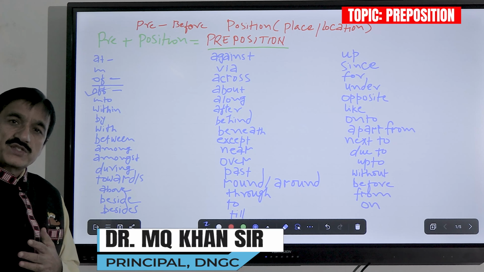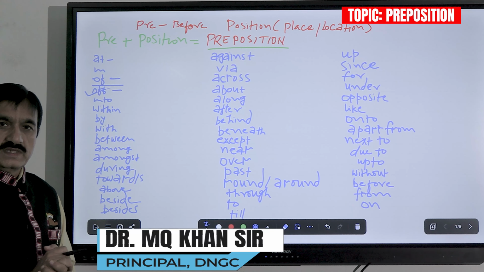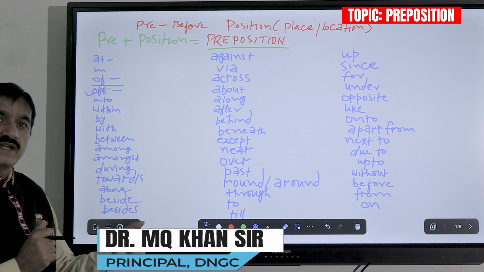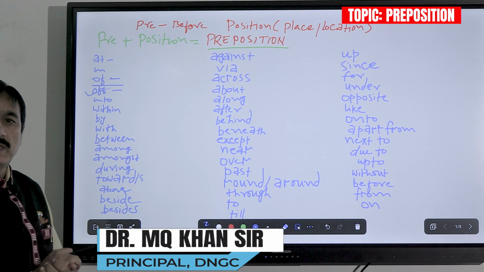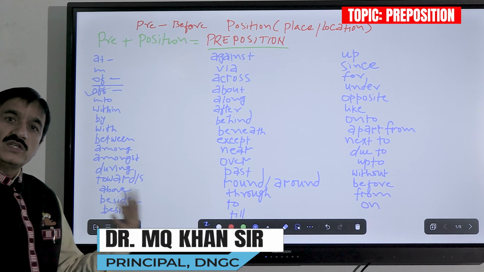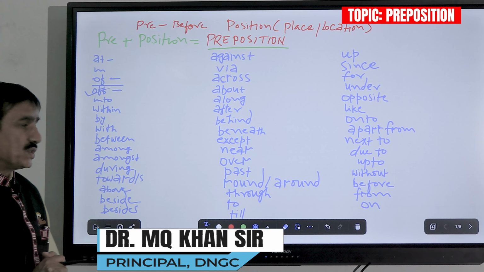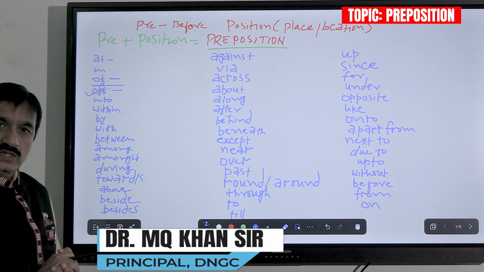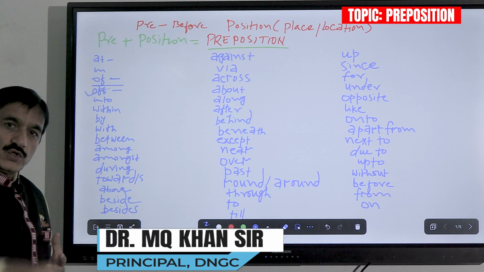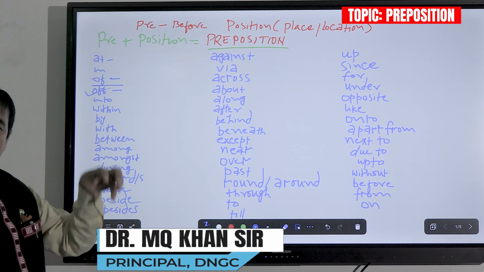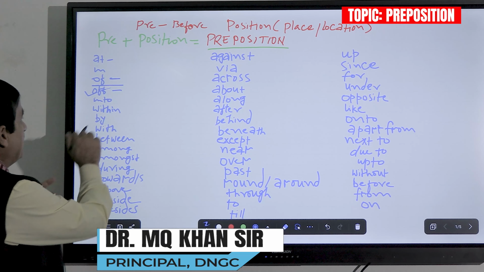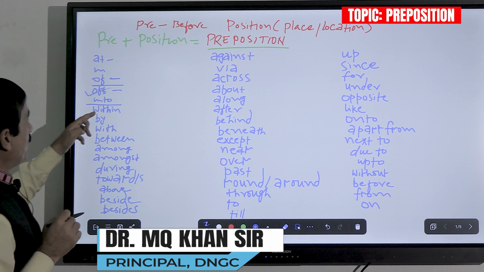For example, she rushed into the classroom, means she ran, she came very fast. Then also into will be used: she burst into tears having heard the news of her mother's demise. So there also into can be used. The frog fell into the well, because there is motion. So the different use is there.